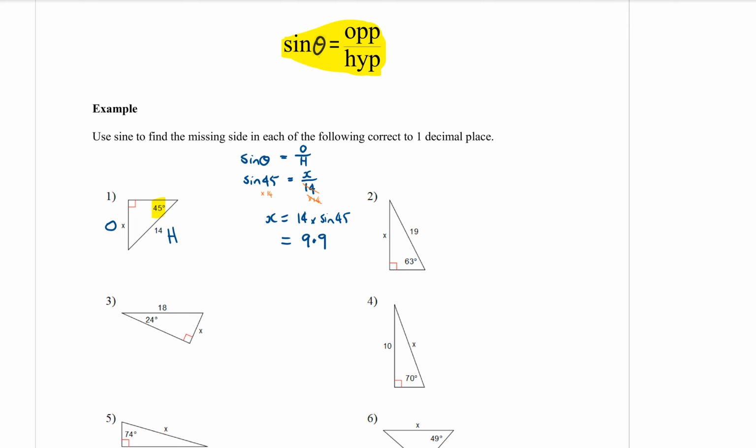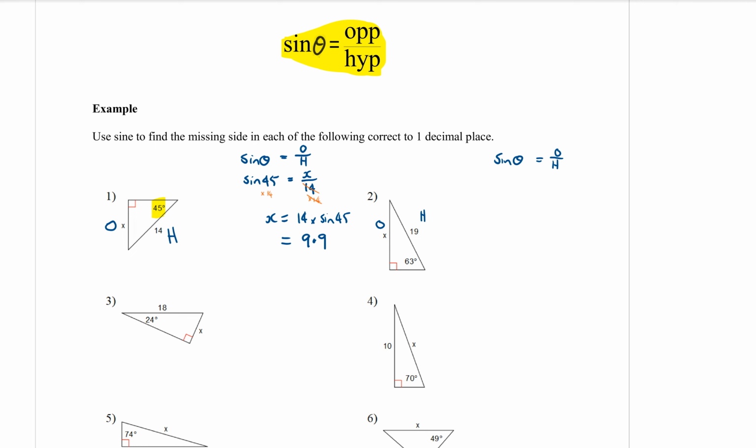Let's try question 2. Remember, we start by labeling the triangle. So across from the 63 degrees, the x is going to be the opposite. Across from the right angle, the 19 is going to be the hypotenuse, and the 63 degrees is my theta. So we write the formula down. Sine theta equals opposite over hypotenuse. Then that's the first line. Second line, we sub into that.